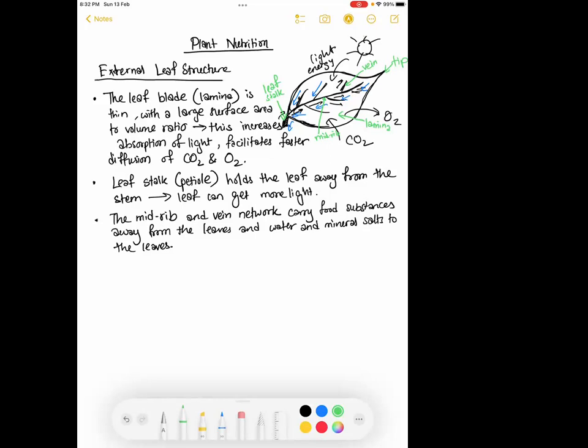One done. Okay, great. And I can move on to the next part, which is the internal leaf structure. Okay, so let's do that. This is quite a complex one, but still let's try to draw.